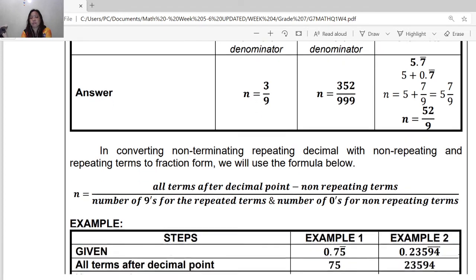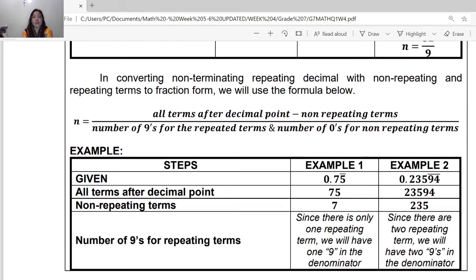Next one, in converting non-terminating repeating decimal with non-repeating and repeating term to fraction form.